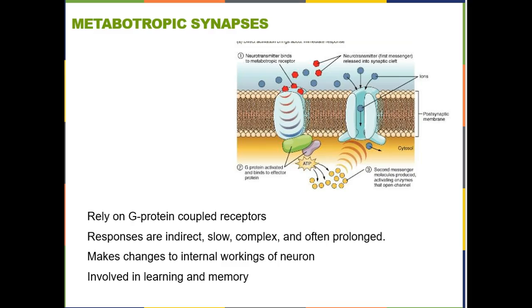So we will start with metabotropic synapses first. They rely on our good friend, the G protein coupled receptor. So in this case, you have a receptor embedded in the membrane that communicates with this G protein signaling machinery. When neurotransmitter hits it on the outside, stuff happens on the inside.